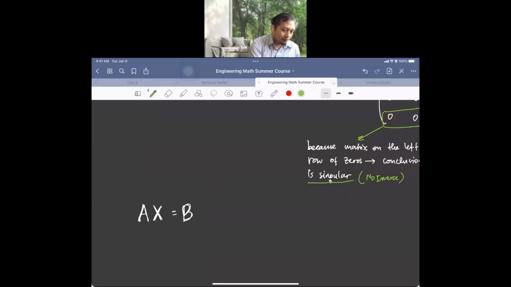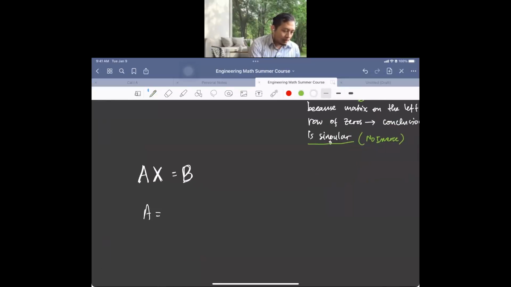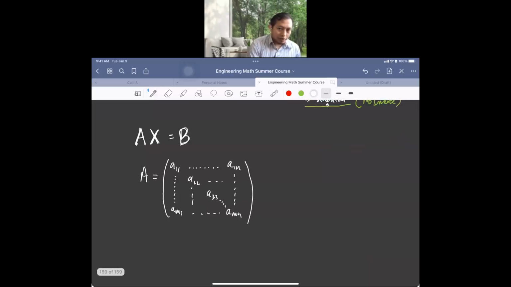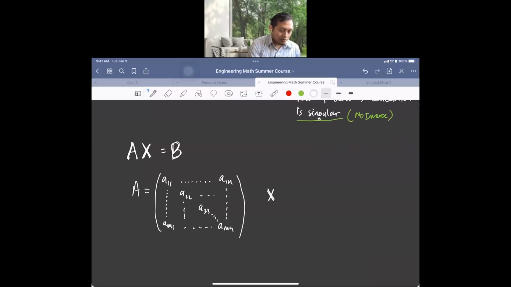Let me define. Let's say A is A11, an M by N matrix. Let A be M by N, and X is from X1 to Xn.